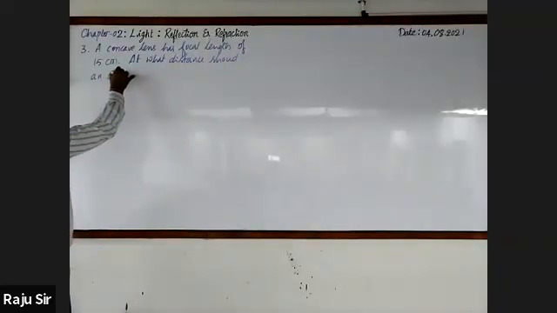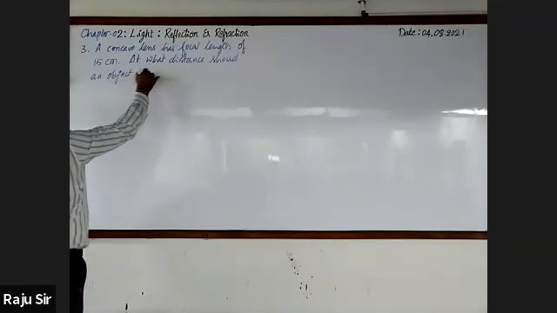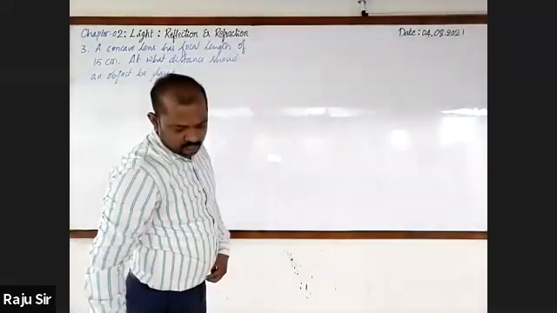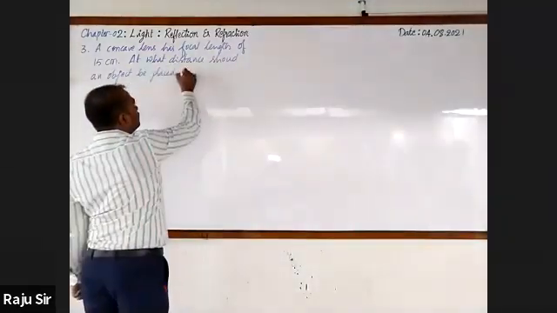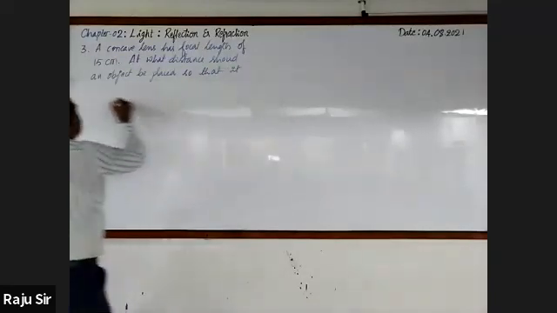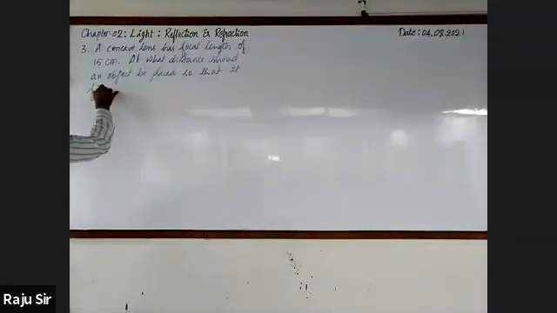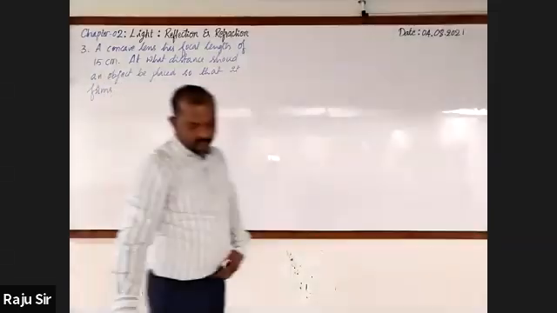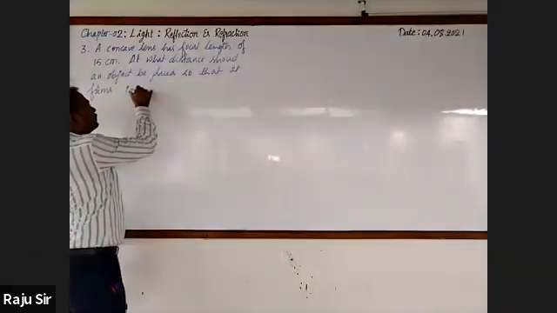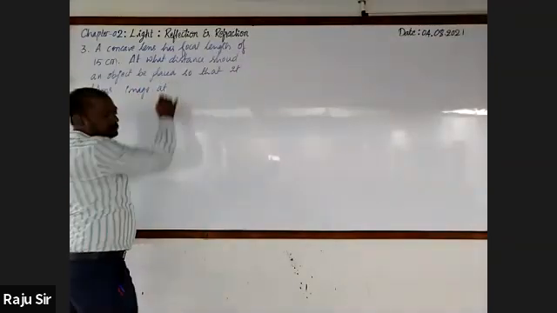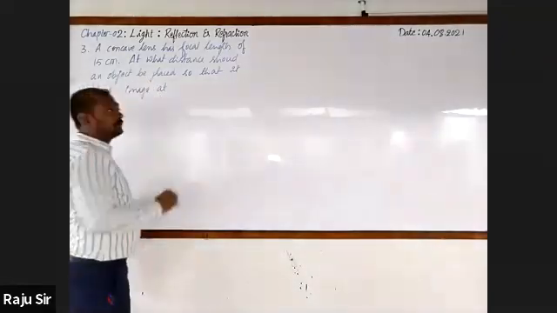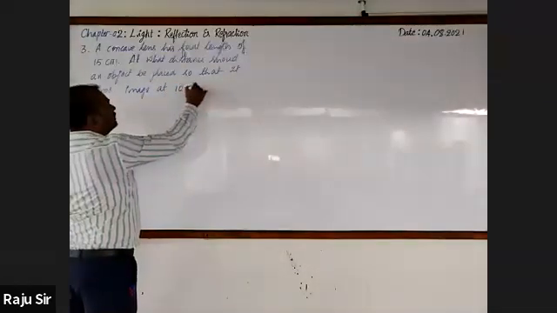should an object be placed so that it forms an image at 10 centimeter from the lens?